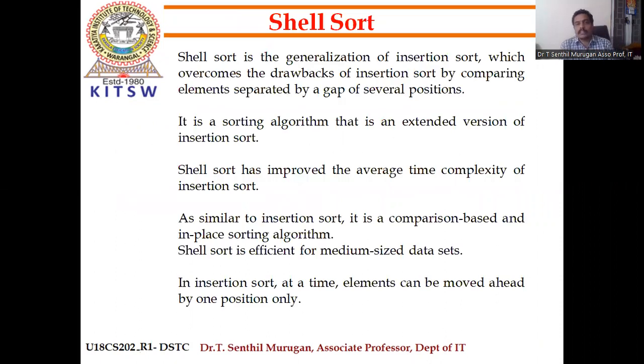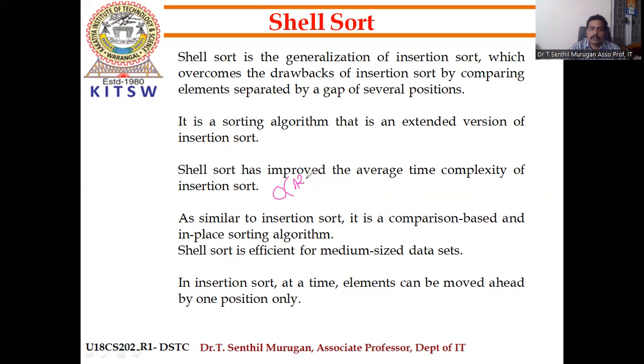It is considered a generalization of the insertion sort. It overcomes the drawback of insertion sort, as I said in the previous introduction. We compare the elements separated by a gap of several positions. It is a sorting algorithm that is an extended version of the insertion sort. The average time complexity of the insertion sort is order of n square.